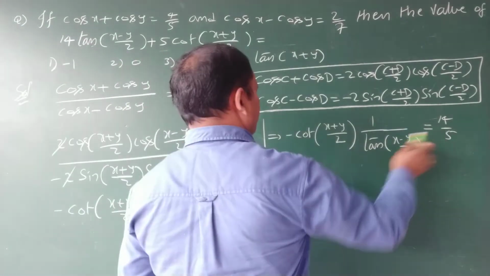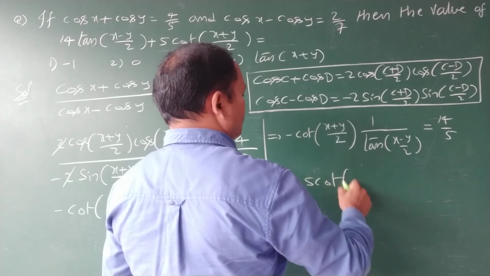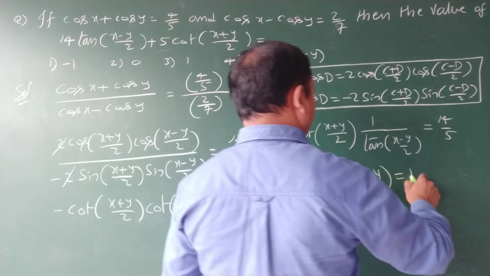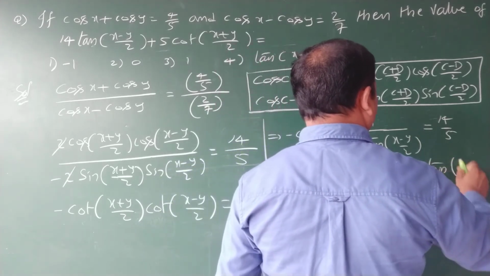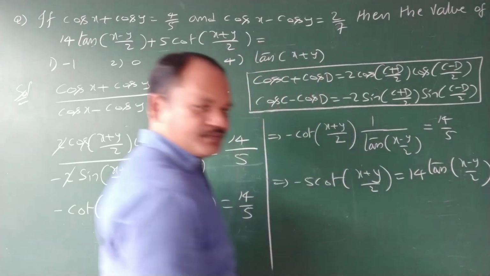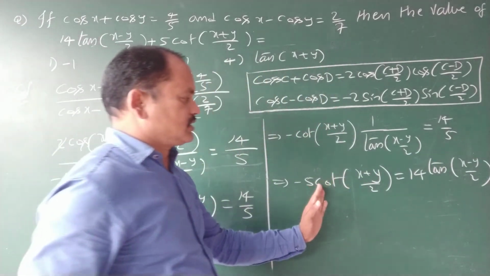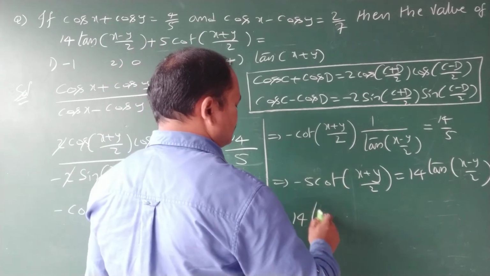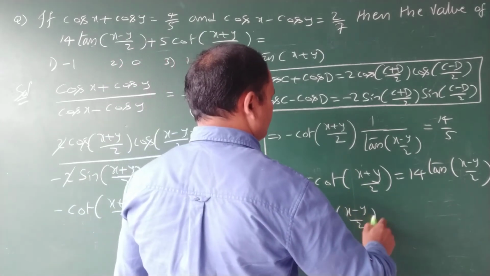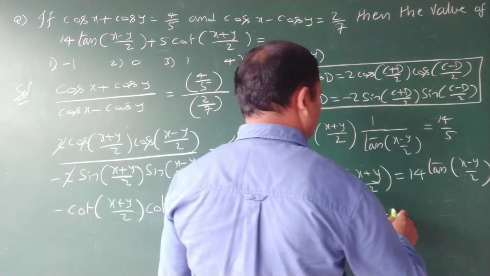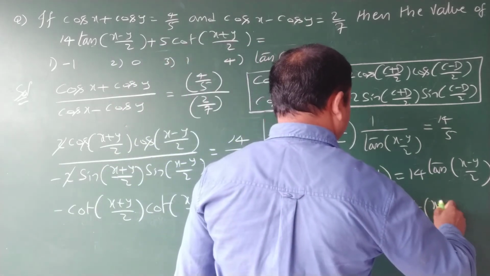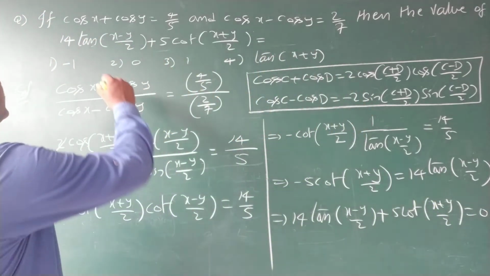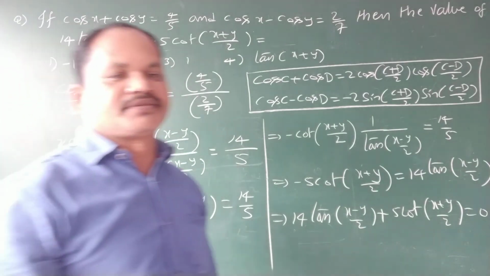Here it is minus 5 times cot (x plus y) by 2 is equal to 14 times tan (x minus y) by 2, right? Now take that to this side, then we get 14 tan (x minus y) by 2 plus 5 cot (x plus y) by 2 is equal to 0. That's why the answer is 0, that is the second option. That's all.